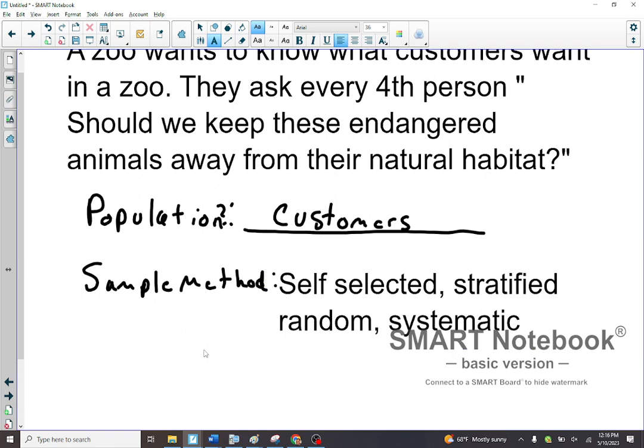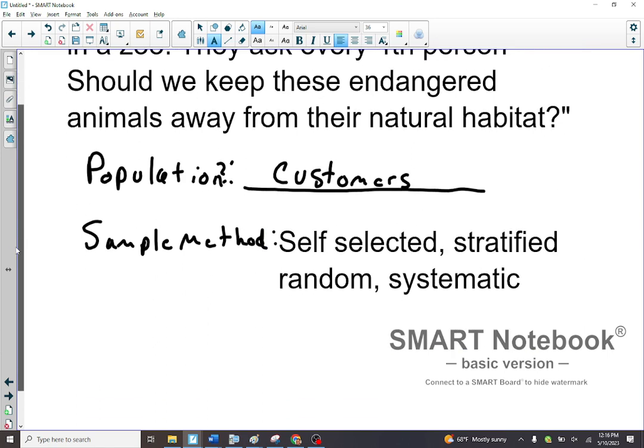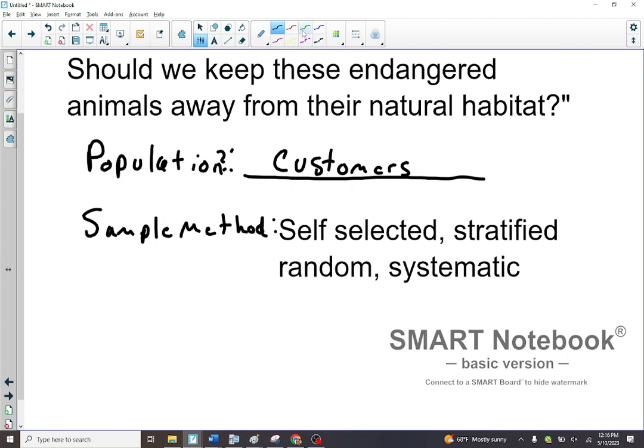As a reminder, self-selected is when the people who get involved with the sample choose themselves to join, like a survey link or something like that.